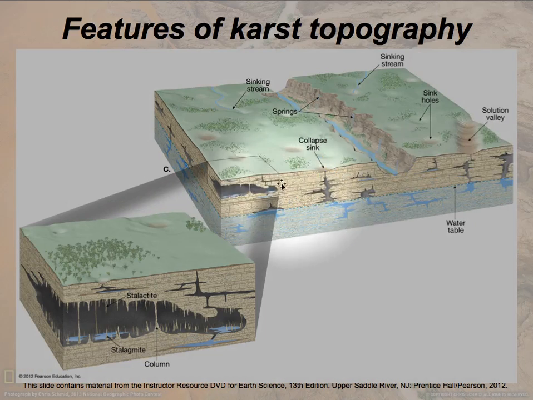This graphic shows it better than most words do. This bedrock here is carbonate or limestone. In the aquifer, in the saturated zone, you have mildly acidic water, and as that water table moves up and down, that mildly acidic water will dissolve different zones of the bedrock.